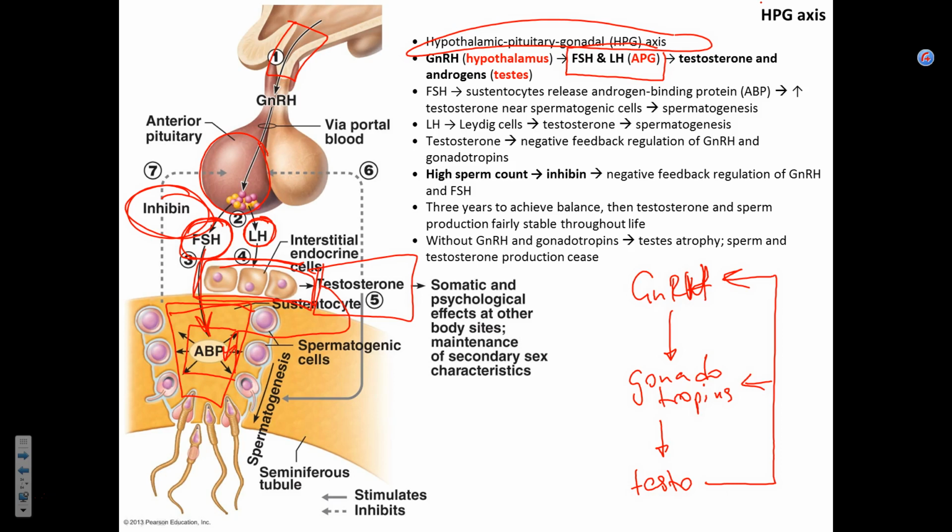Does that make sense? The number of sperm cells goes up, and you can imagine that testis and epididymis cannot store unlimited number of sperm cells. More sperm cells there are, the more inhibin will be produced. The more efficient inhibition of gonadotropin releasing hormone and gonadotropins will be.